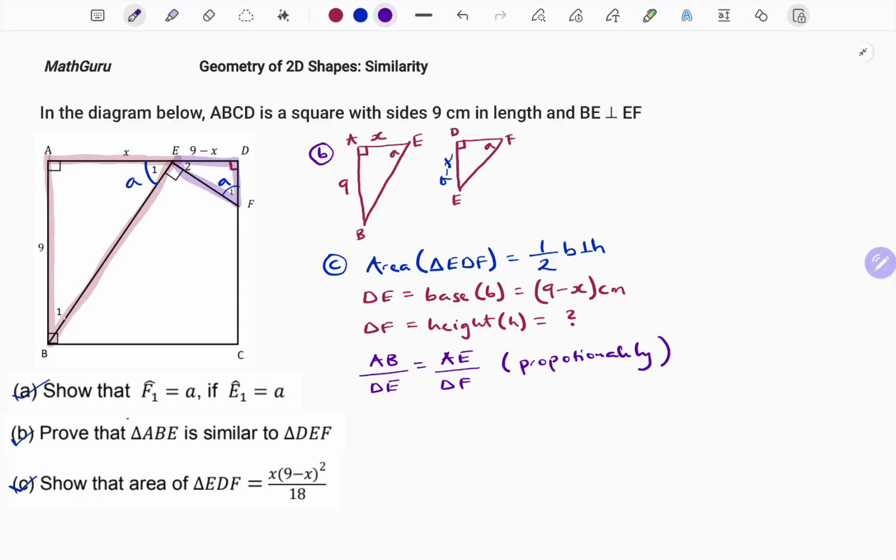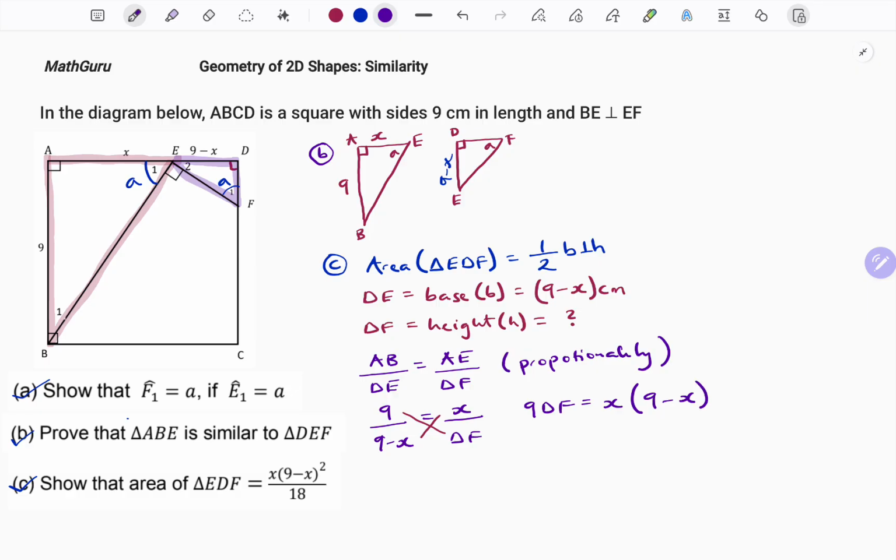So therefore, AB, that's 9, divided by DE, that's 9 minus x, equals AE, that's x, divided by DF, that's the unknown side. So using cross multiplication as shown, I have 9 times DF is equal to x multiplying 9 minus x.